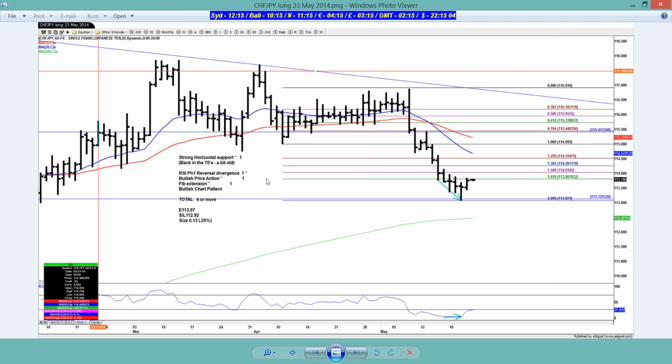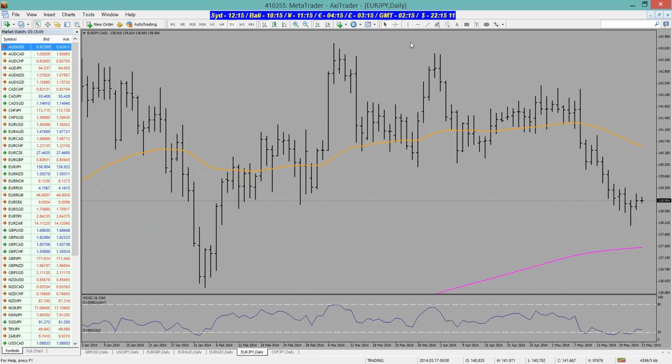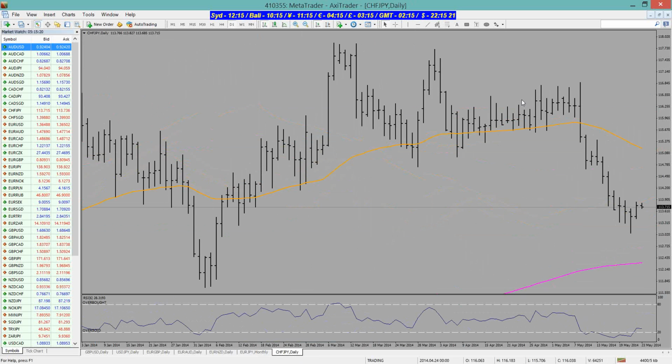Again, the fib's correct. I presume this is a strong horizontal. Let me just have a look. On the Euro Yen, I can see that. Swiss Yen, I think, is a little different, if I remember its structure.